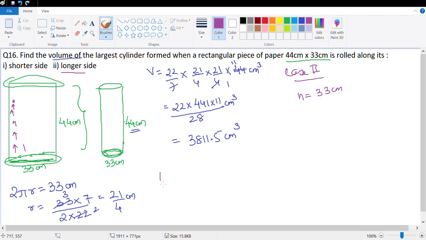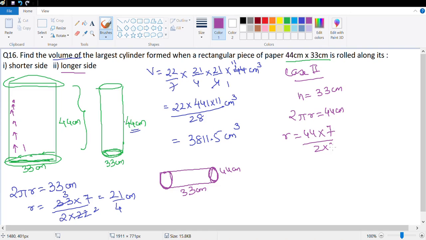If you want, I can draw it for you. This is how the cylinder would look like. This would be 33 centimeter, and the area of the base and the top would be 44 centimeter, and 2 pi r would be equal to 44 centimeter, which means r would be equal to 44 into 7 upon 2 into 22.